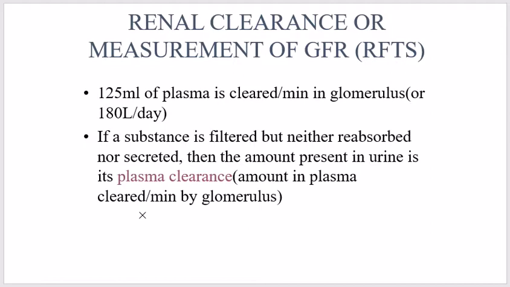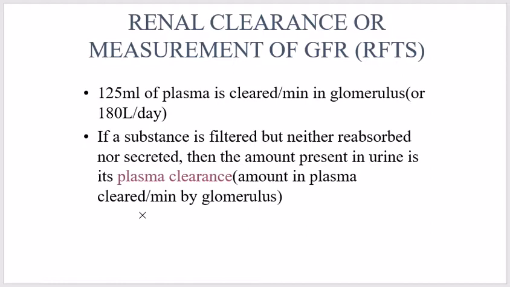By definition, the renal clearance of a substance is the volume of plasma that is completely cleared of the substance by the kidney per unit of time. For this purpose, the clearance principle, consider the following example.